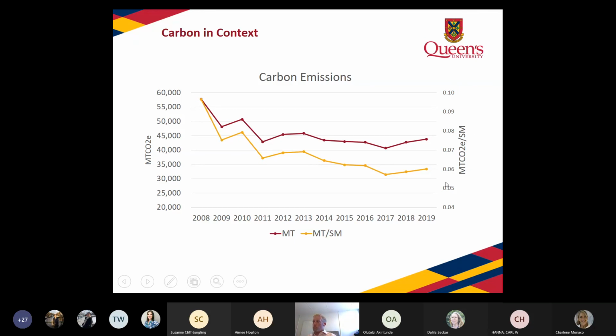What I'm pretty proud of is that over the years we've been able to drive down both our emissions and our intensity levels at the university. That has to do with good building practices for new construction and efficient use and management in our existing buildings. I always find that one to be an interesting slide.